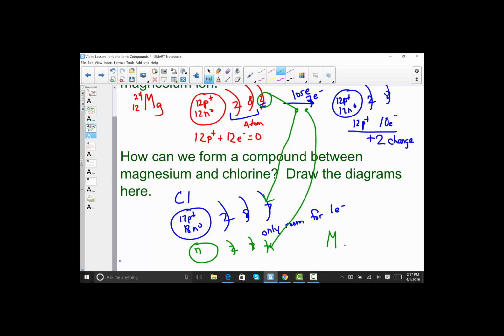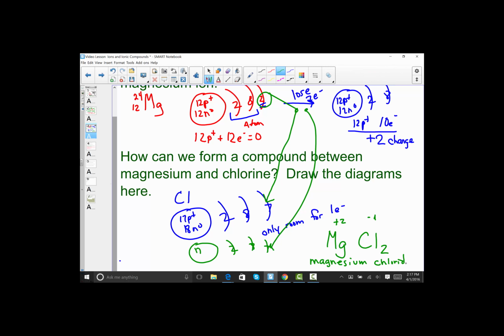What we're realizing is when magnesium needs to lose 2 electrons and chlorine only has room for 1, we're going to need 2 chlorines to neutralize the positive 2 charge from magnesium. The compound we formed is called magnesium chloride. And we'll talk a little bit more about how we name ions.